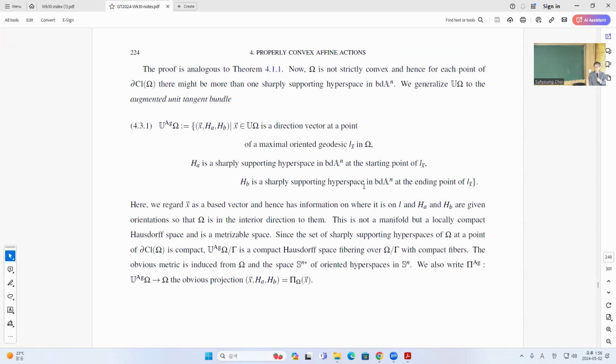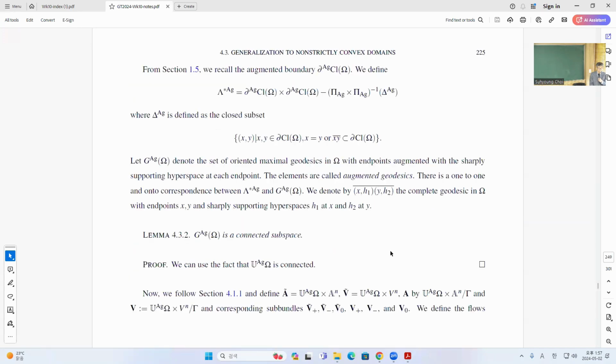Okay, so we covered that already, right? So this is again a nice compact space. If you take the quotient, it is again a nice compact Hausdorff space. It is an orbifold. So it is just some sort of blown-up version of the unit tangent bundle. And then you can also define these slightly bigger limit sets.